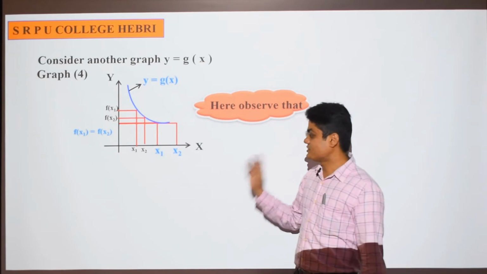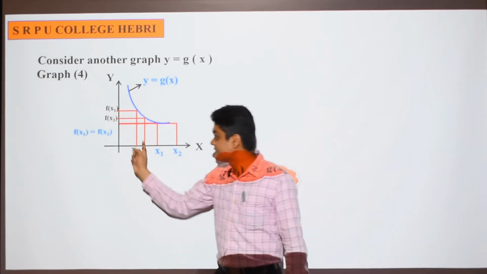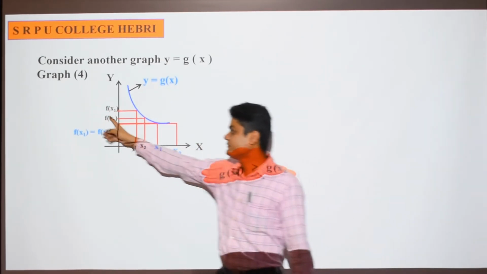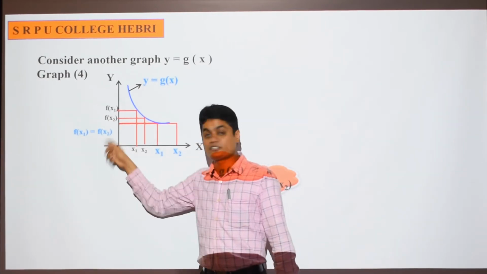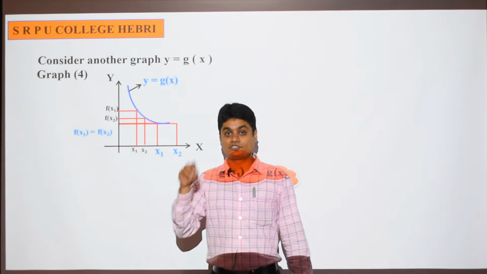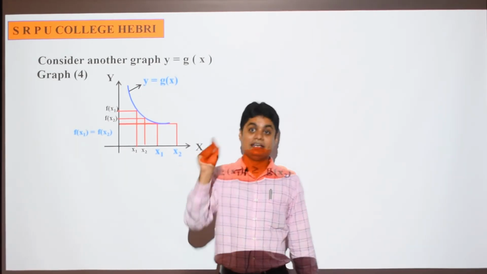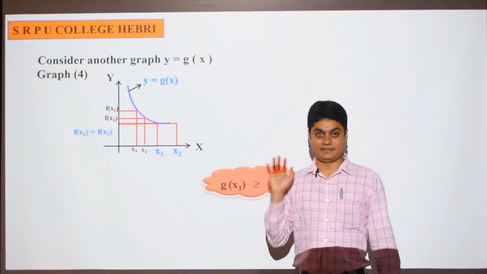Same observation: if x1 is less than x2, in this case f of x1 is greater than f of x2, but in this case f of x1 is equal to f of x2. So if strictly greater than, it is strictly decreasing; if greater than or equal, it is decreasing.